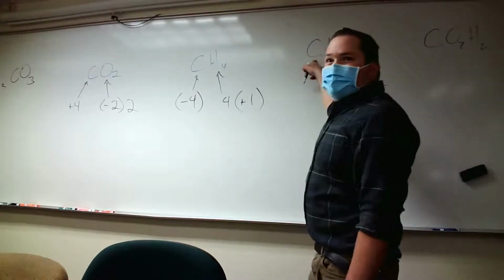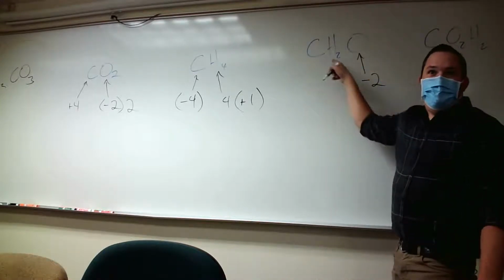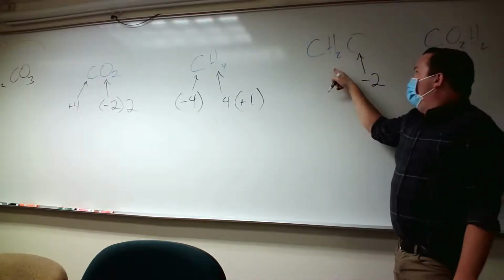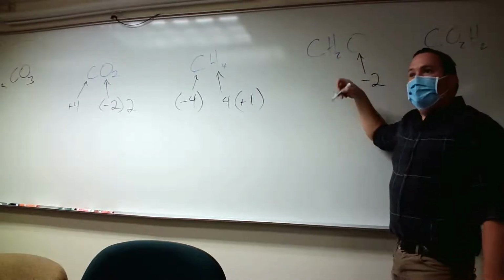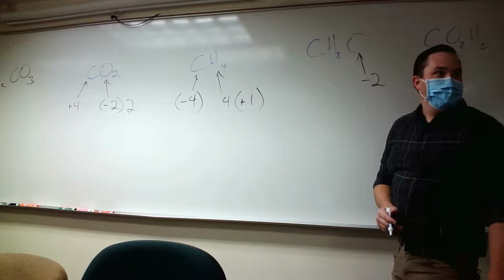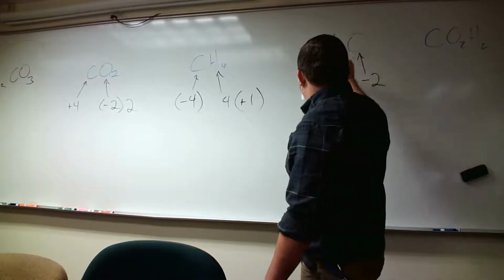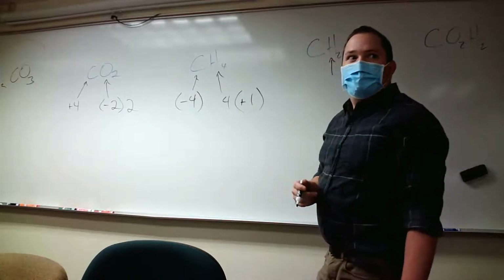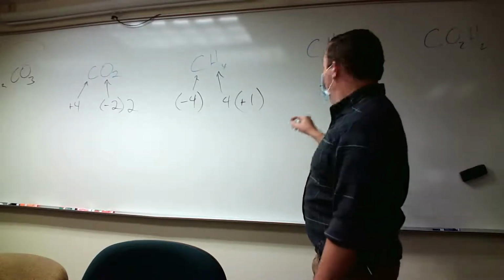So carbon's in the middle. We don't really know what carbon can be until we figure out what carbon can't steal from oxygen. It can steal from baby brother, but baby brother only has 1 electron to give, right? So hydrogen is the least electronegative here, so it has to be what? +1. +1, and there are 2 of them.